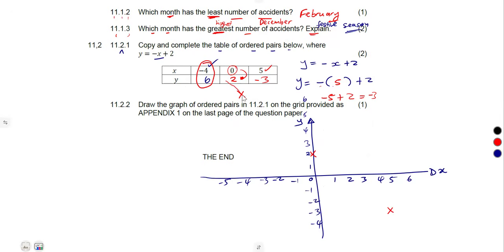Then you join those points using a ruler, and a straight line is formed. I did not insert the graph part, but you're going to have something of this nature.